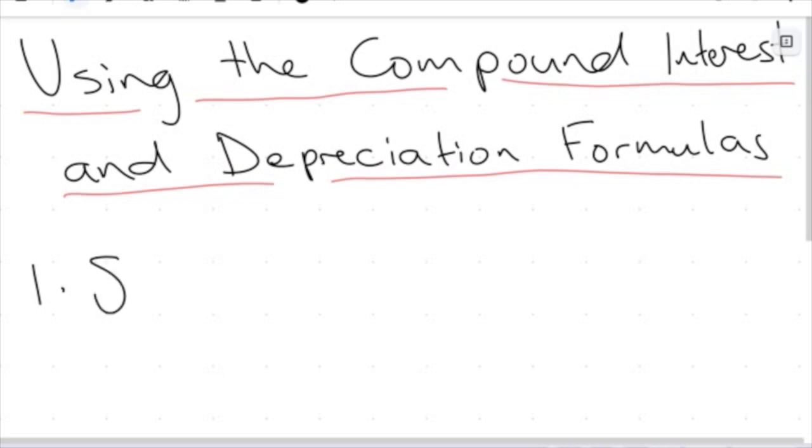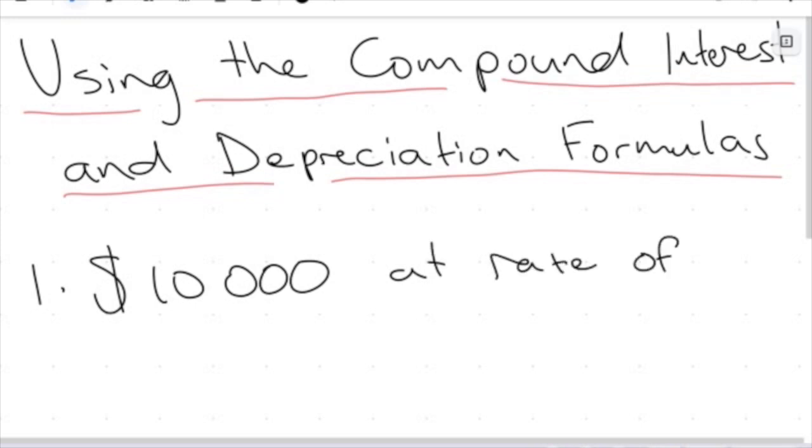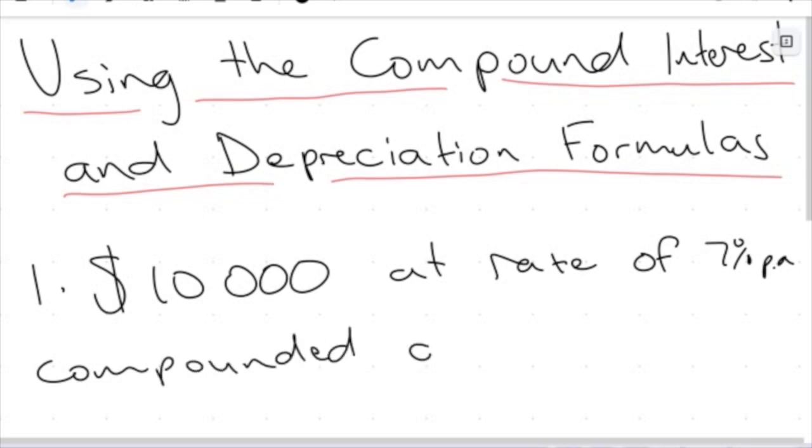So someone has invested $10,000 into a bank at a rate of 7% per annum, so per year, and this is compounded annually. So this is going to compound at the end of each year.